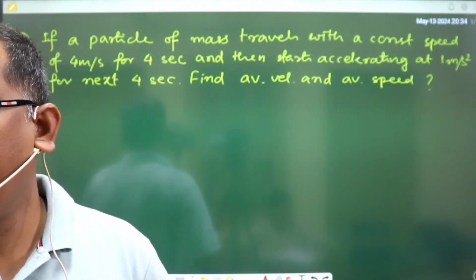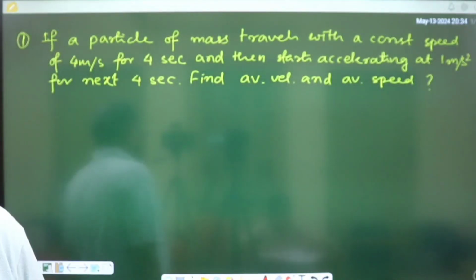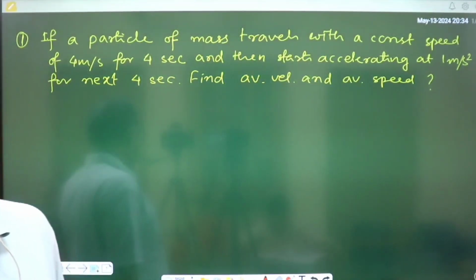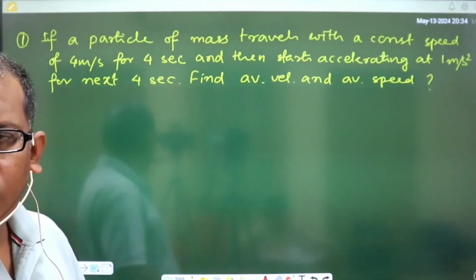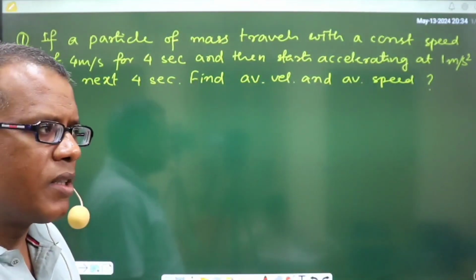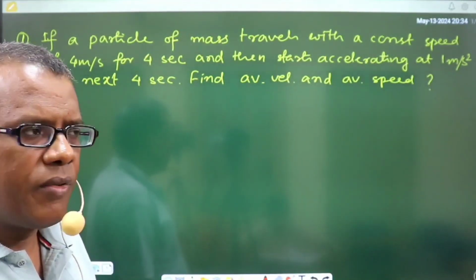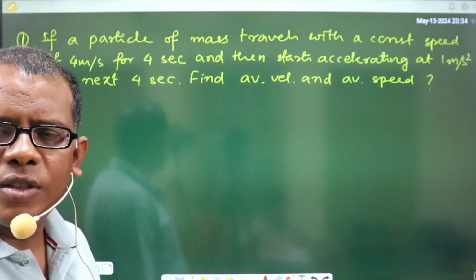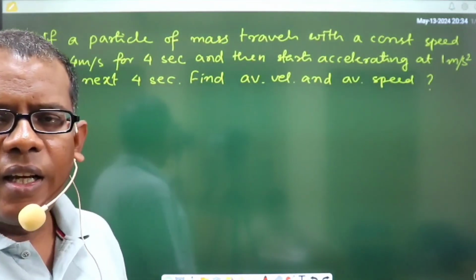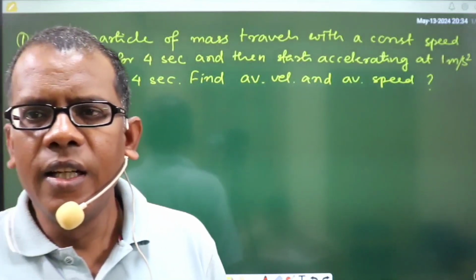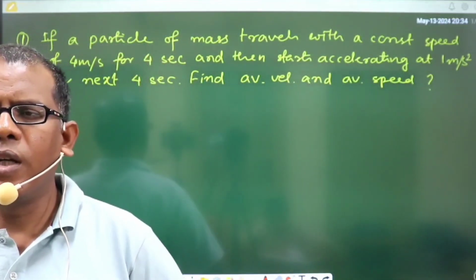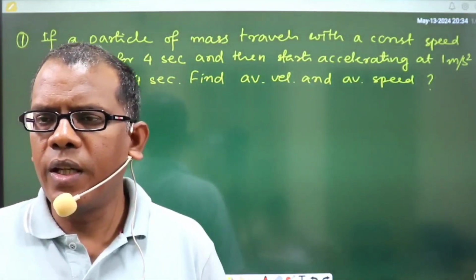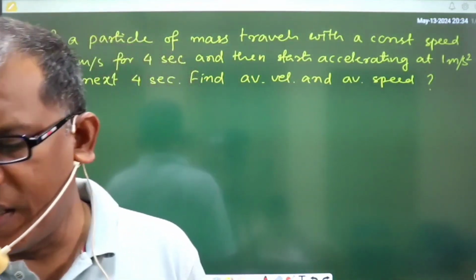There will be two different modes of motion. The first 4 seconds is the motion under constant speed, or you can mention it as velocity. I am concerned about motion in one straight line only. So during the first 4 seconds it is moving with constant velocity, and then in the next 4 seconds it is accelerating. That means two different displacements will together give you the total displacement in an 8-second journey.